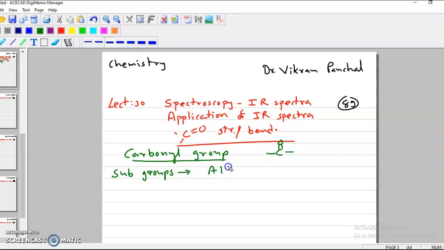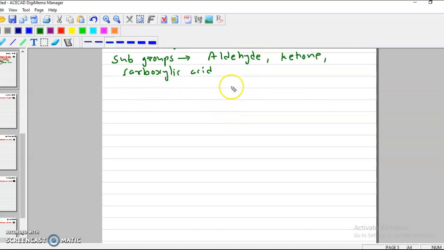These are aldehyde, ketone, carboxylic acid, ester, amide, acid chloride, acid anhydride.